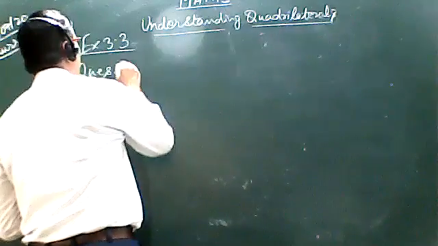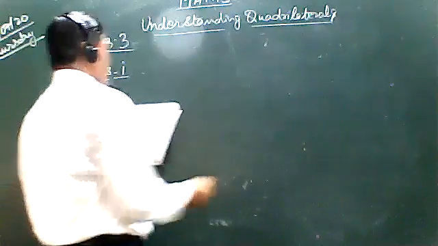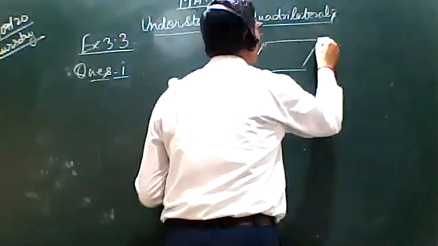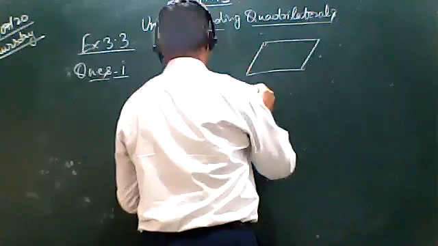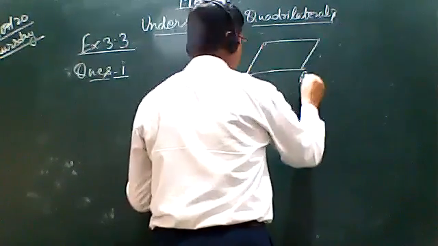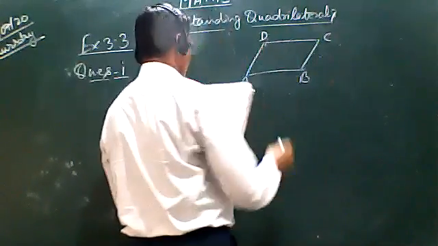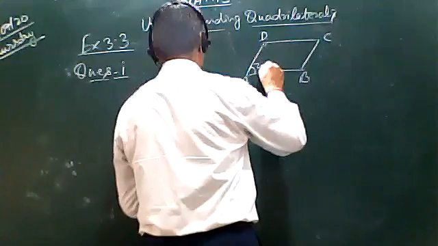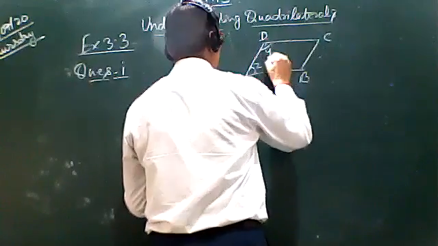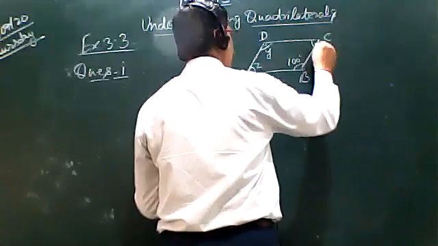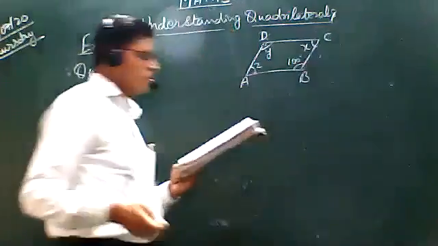In the first part, this is the parallelogram ABCD. This is the angle Z, this is angle Y, this angle is 100, and this angle is X. Now you have to find the angles.